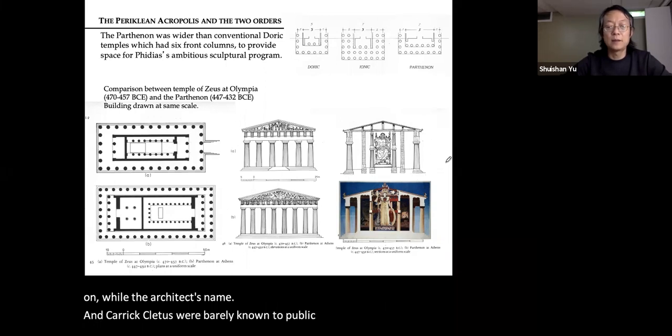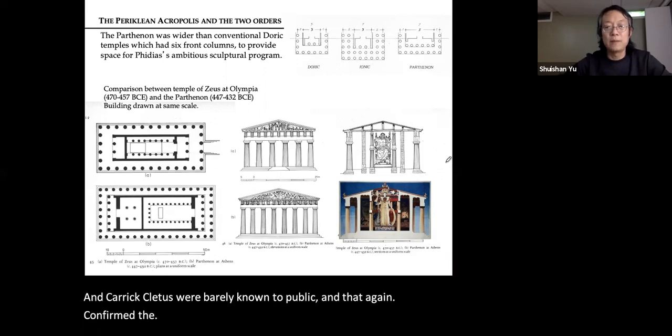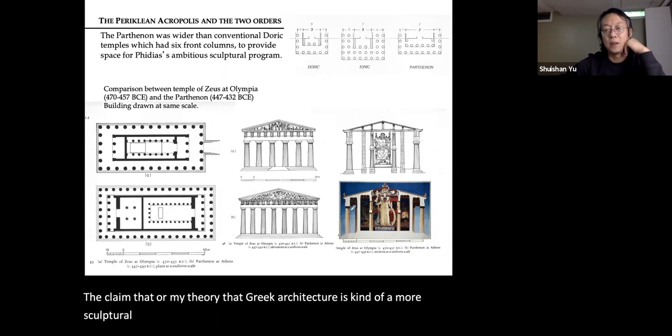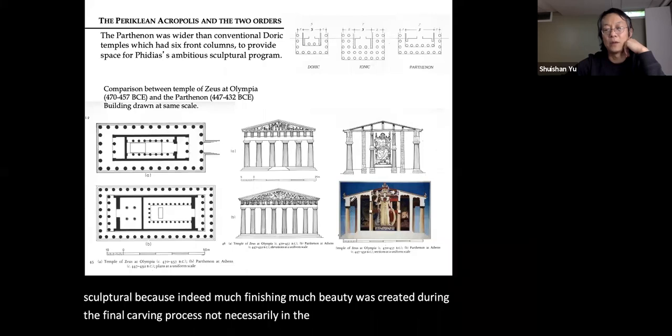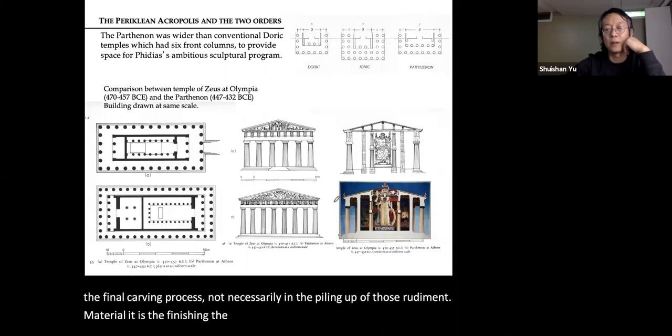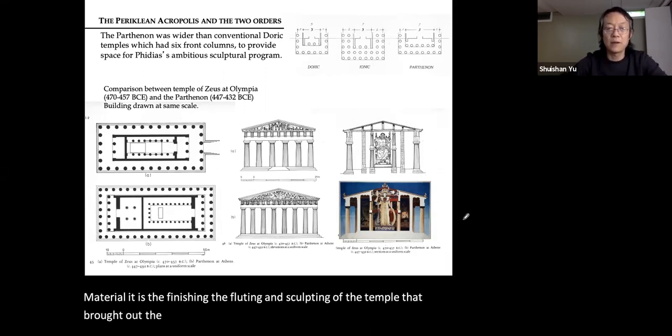That, again, confirmed my theory that Greek architecture is more sculptural, because indeed, much finishing, much beauty was created during the final carving process, not necessarily in the piling up of those rudimentary materials. It is the finishing, the fluting, and sculpting of the temple that brought out the beauty of the architecture.